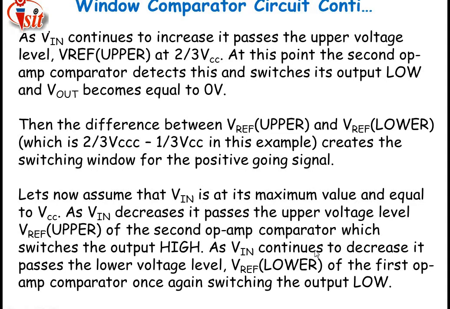As Vin continues to decrease, it passes the lower voltage level, V reference lower, which we have considered as 1/3 of VCC, and the first op-amp comparator once again switches the output low.